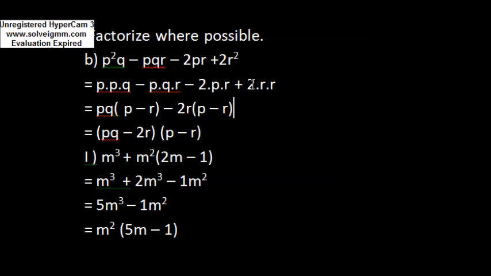Here 2R is common, so only R is left. And here we have a negative sign, so these signs will be changed inside the bracket. So here with P you will take a positive sign, and here with R you will take a negative sign. I'm changing only these two signs because you are taking the minus sign common.